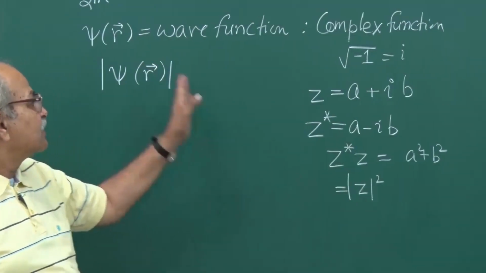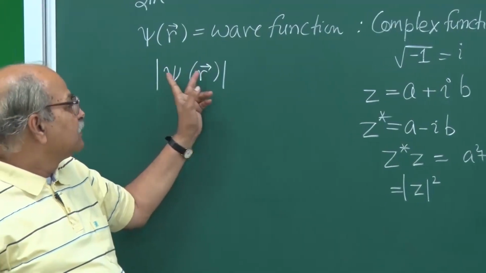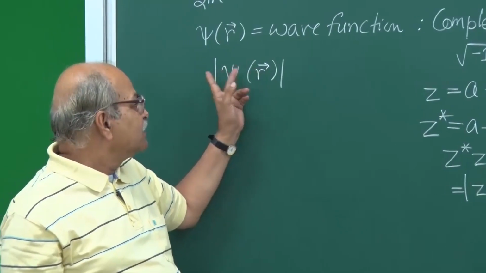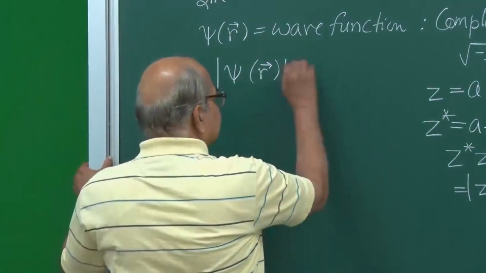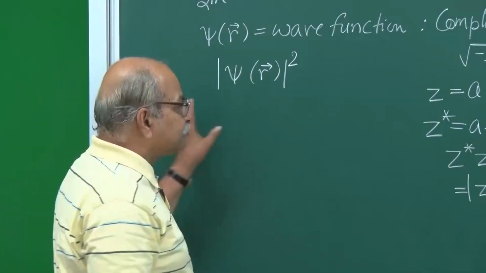So it is essentially the same thing. If you have this psi, it could be complex, take the complex conjugate, multiply by it, and this whole thing is mod square of psi(r).